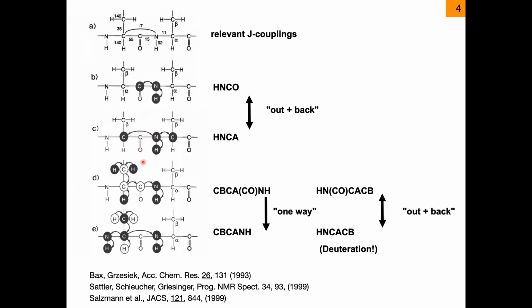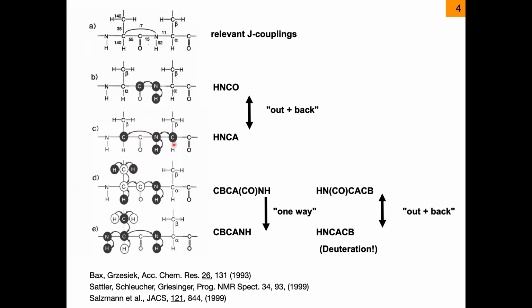But then there are other experiments that I will show you also, where you're not going out and back, but you go one way. For example, in this CBCA(CO)NH experiment, you start on the beta protons, go to the beta carbon, C alpha, and then CO, NH, and detect on the NH.